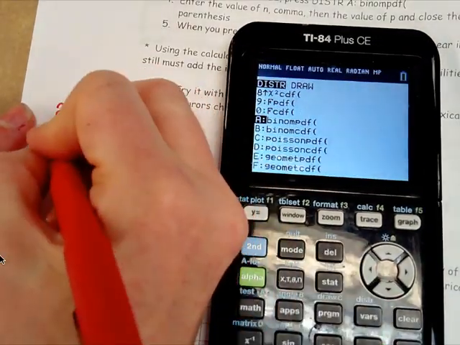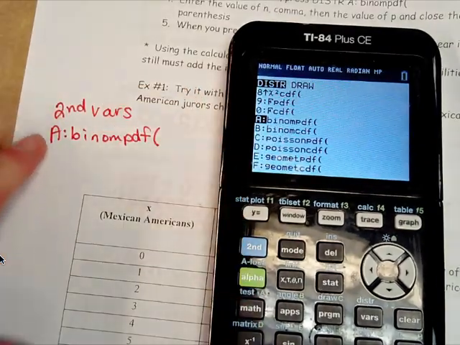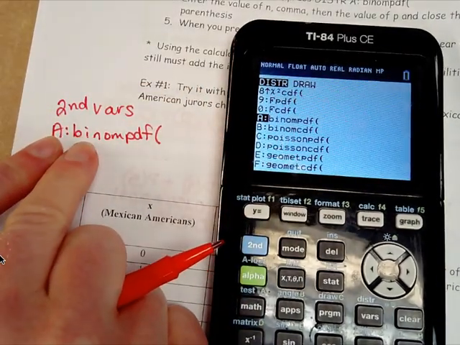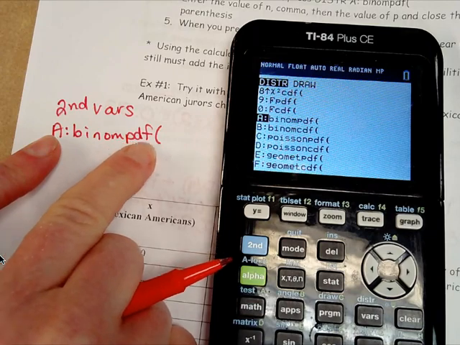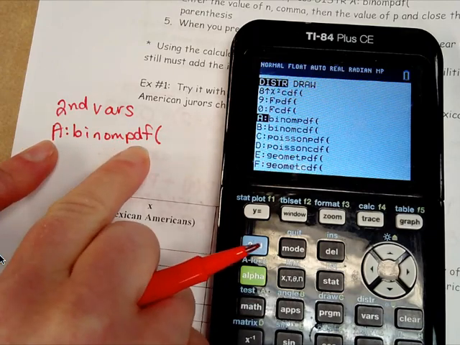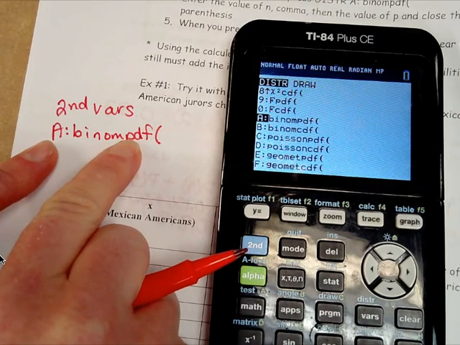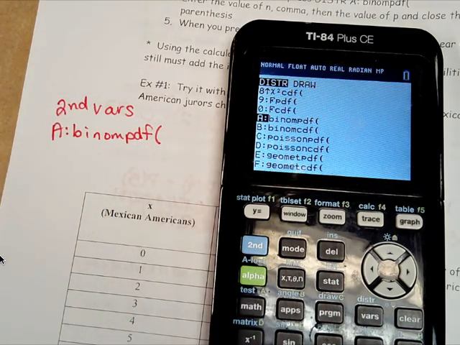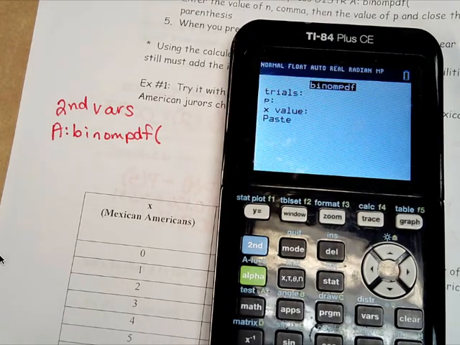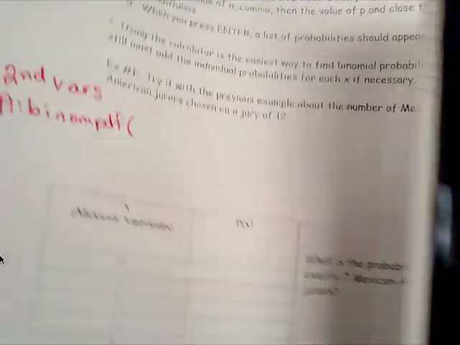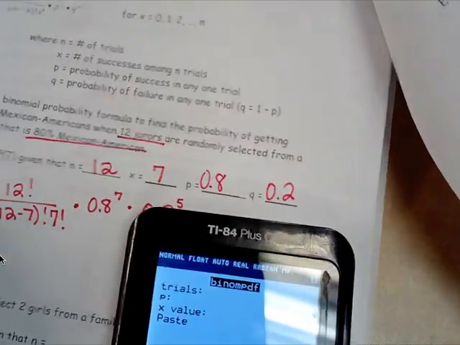It's A. So we're talking about a binomial probability distribution function. That's how you know this is the function you're going to use. Binomial probability distribution function tells you what kind of function we're dealing with. So select it. Let's do this one to find the exact.